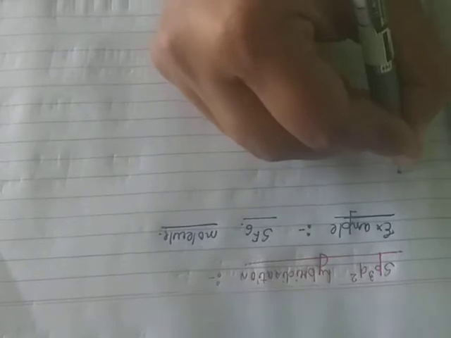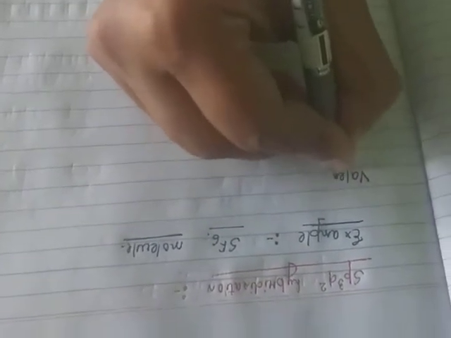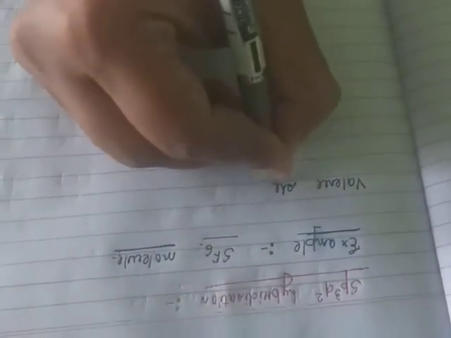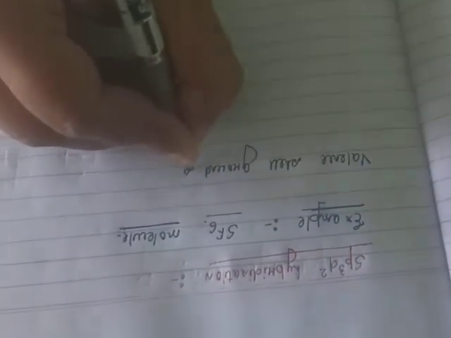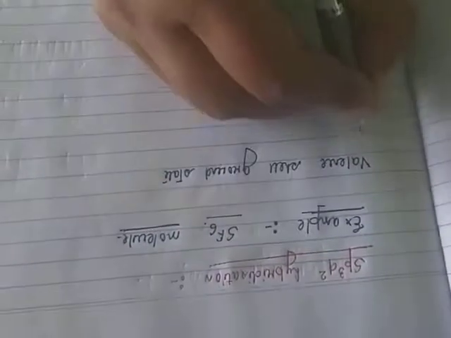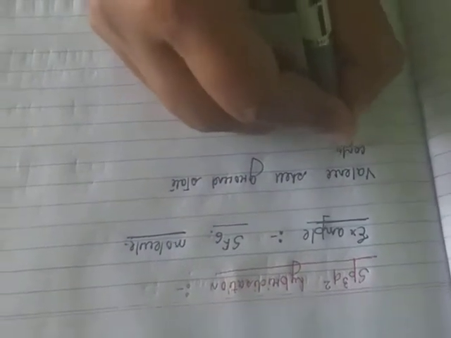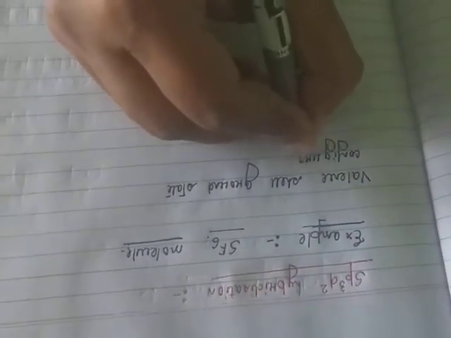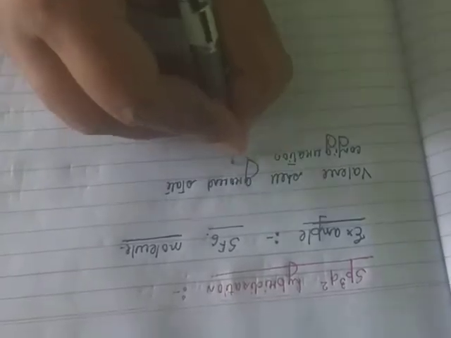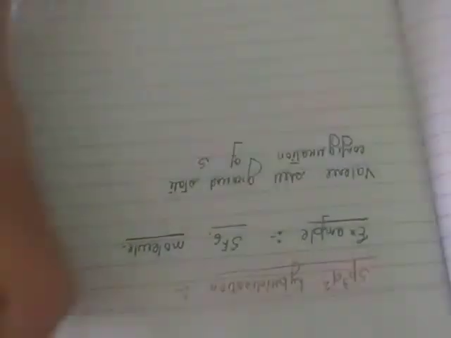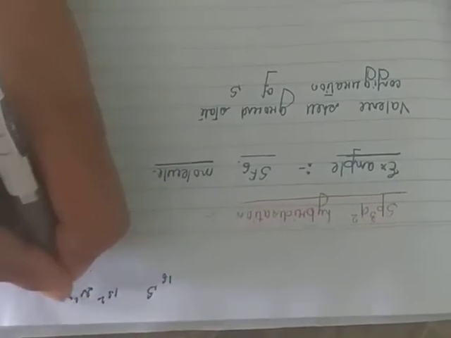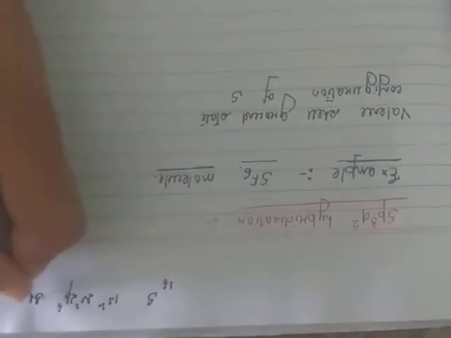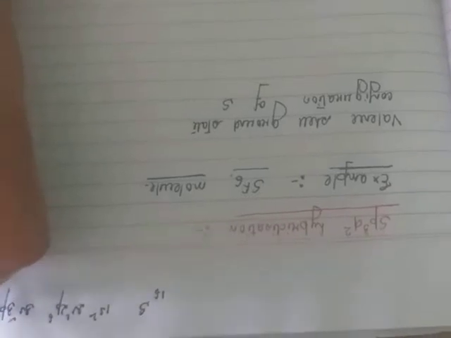So first of all we will find the valence shell ground state configuration of sulfur. Sulfur is 16, that is configuration 1s2, 2s2, 2p6, 3s2, 3p4.